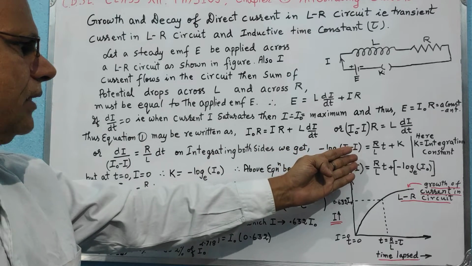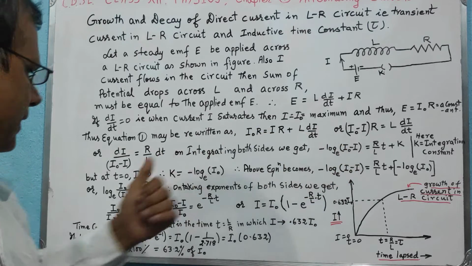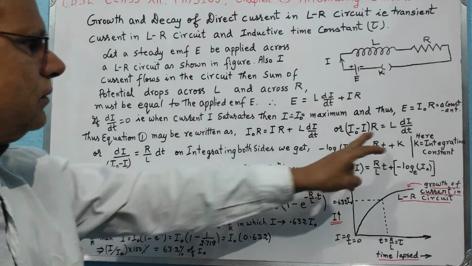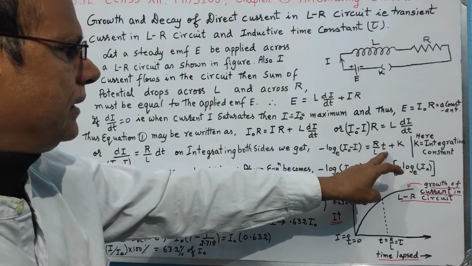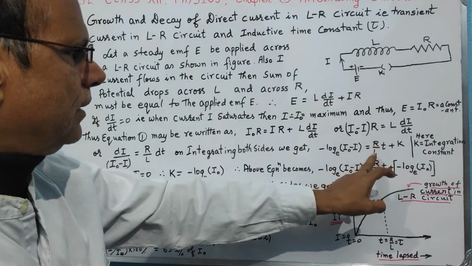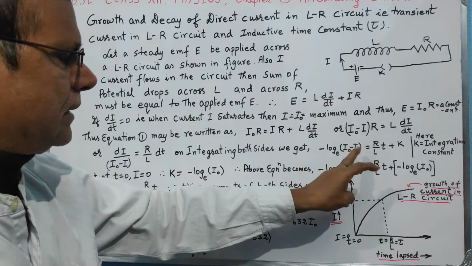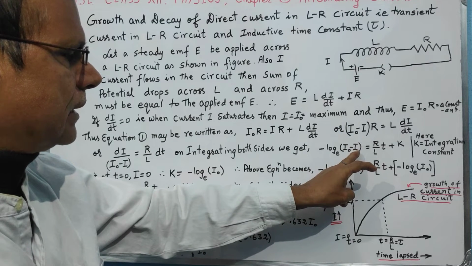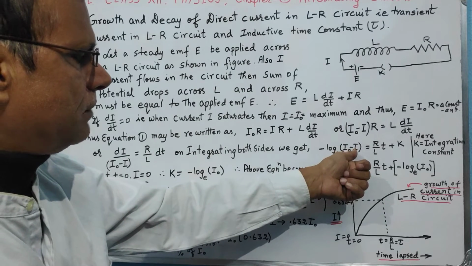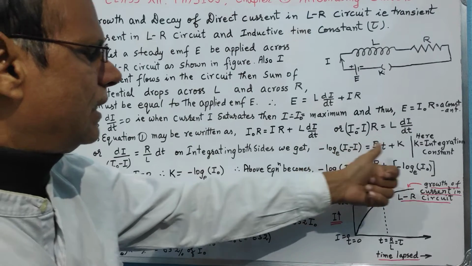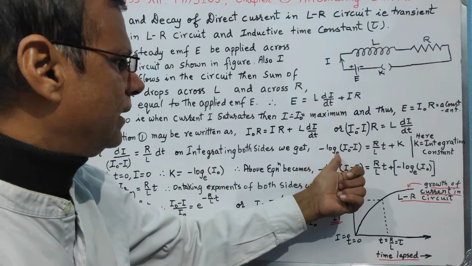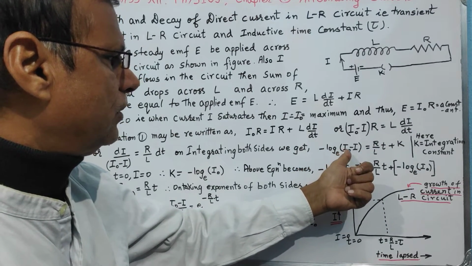Now from this equation, if we take t equal to 0, this term vanishes, and at t equal to 0 the instantaneous current will be 0, that means I is 0. So we are left with K equal to minus log to the base e of I0.